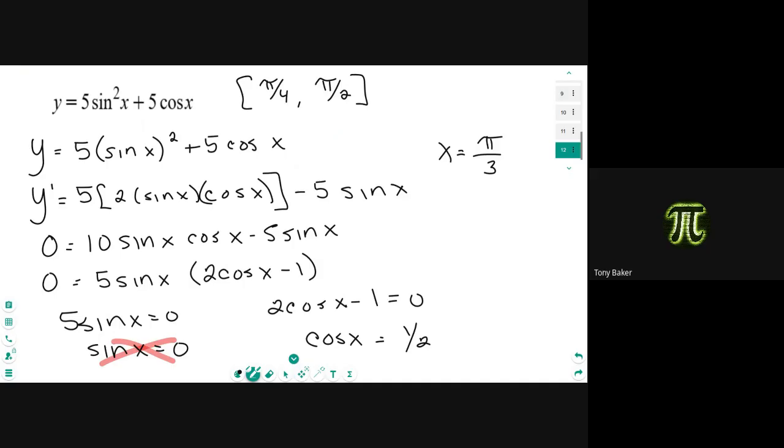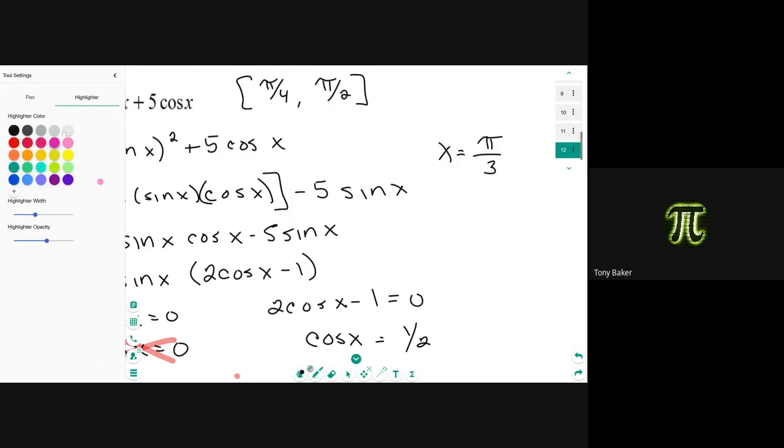All right, so next thing for this one is we need to figure out our absolute min and absolute max. So I've got 3 numbers to plug in. I've got those 3 numbers I'm plugging in to see which ones work.